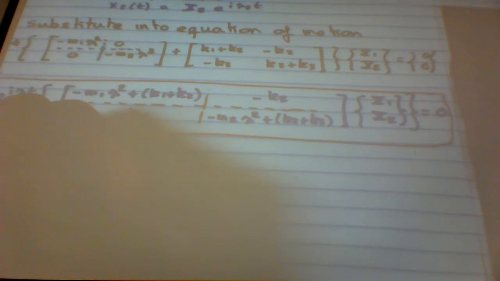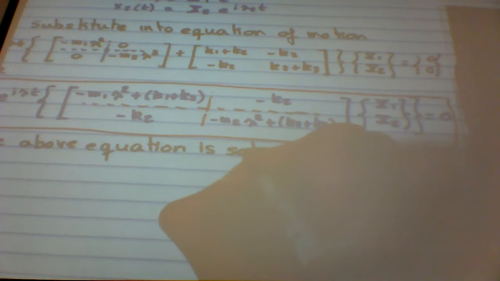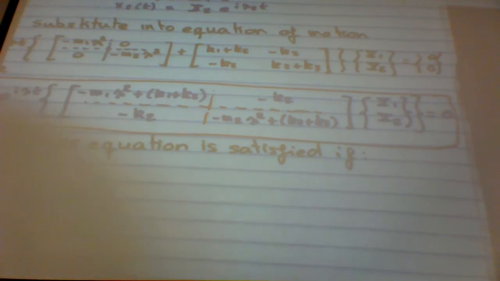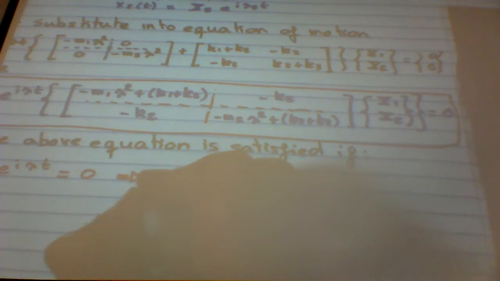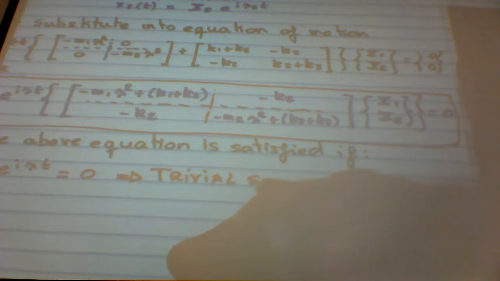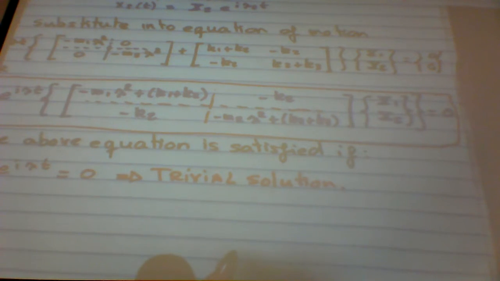Correct. So the above equation is satisfied if e to the i lambda t equals 0, which is what we call the trivial solution. Okay?